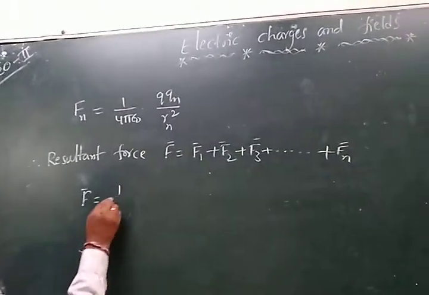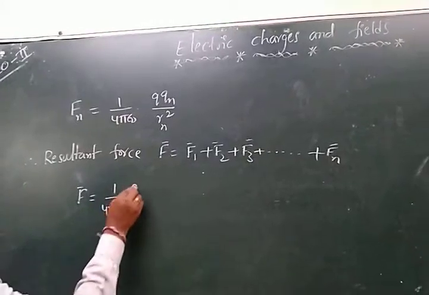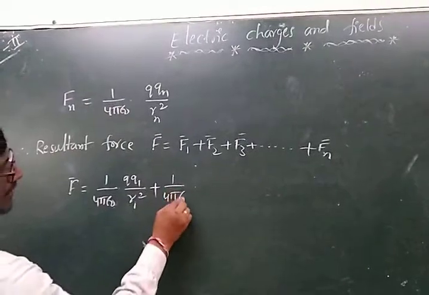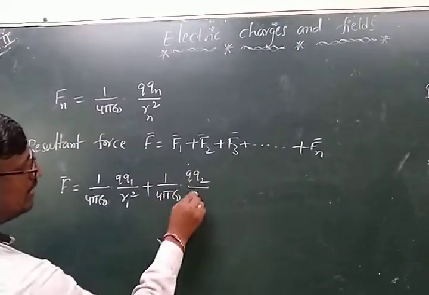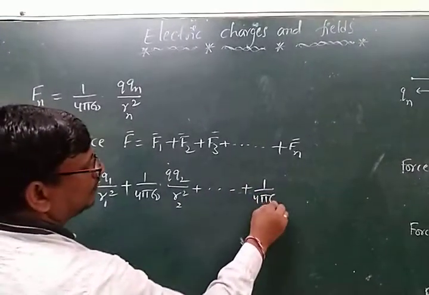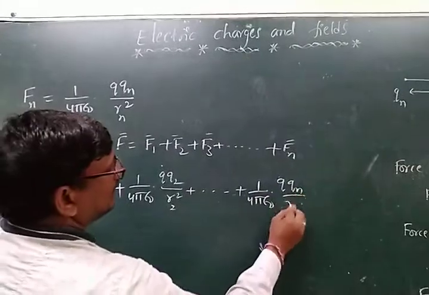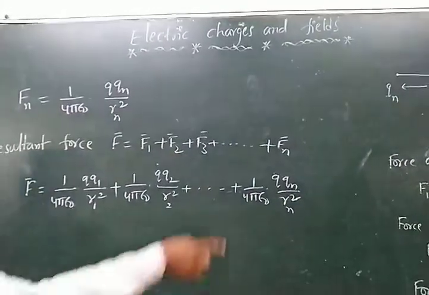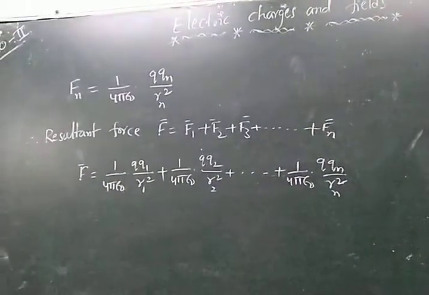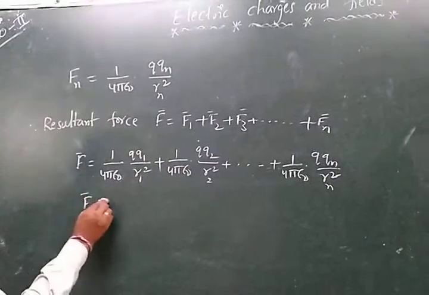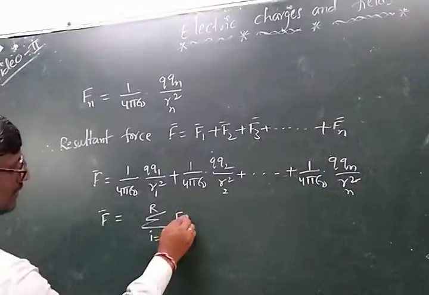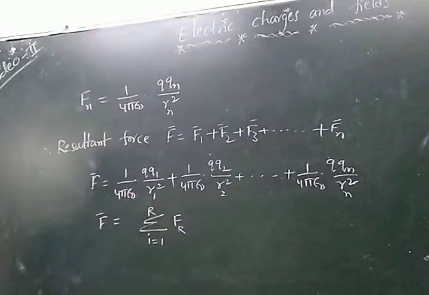Then we can write F is equal to 1 by 4 pi epsilon naught Q1 by R1 squared plus 1 by 4 pi epsilon naught Q2 by R2 squared plus and so on plus 1 by 4 pi epsilon naught Qn by Rn squared. The total we can write as a summation: F bar is equal to the summation of i equals 1 to n of Fi.